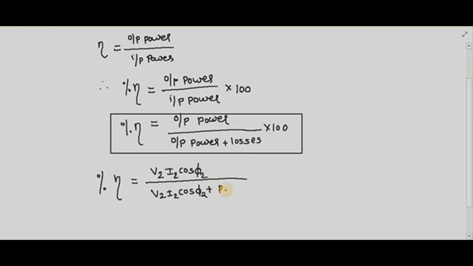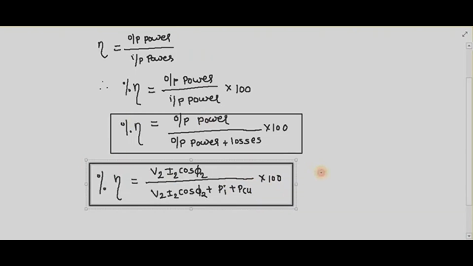What are the two losses? Iron loss and copper loss. Let us denote the iron loss by Pi and the copper loss by PCU, into 100. Here Pi is iron loss and PCU is copper loss.